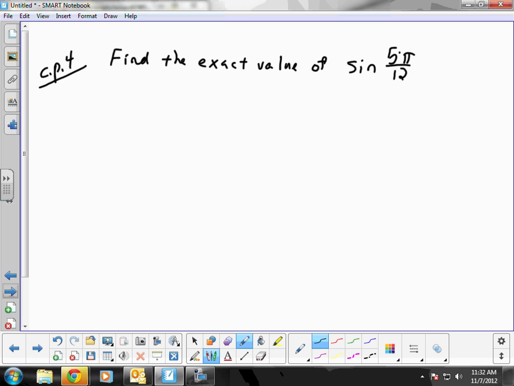It gives us a hint in the book, and it tells us that 5 pi over 12 is equal to pi over 6 plus pi over 4. On the homework, most of the time you're going to have to figure out what the two things are that you've got to use to add up to that. So they gave us the hint that we know this is true.